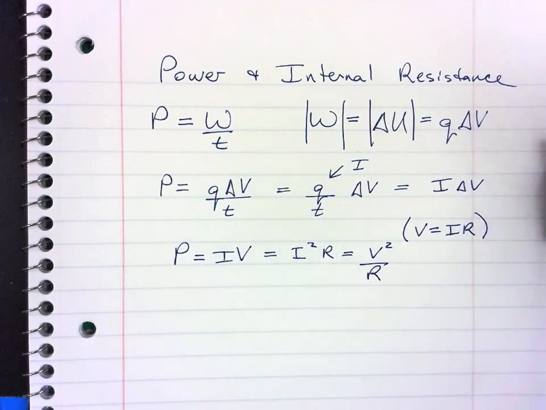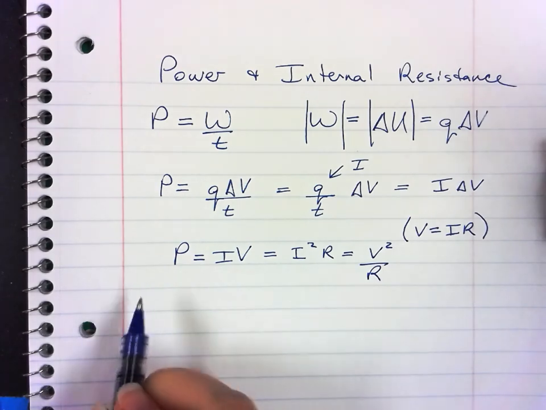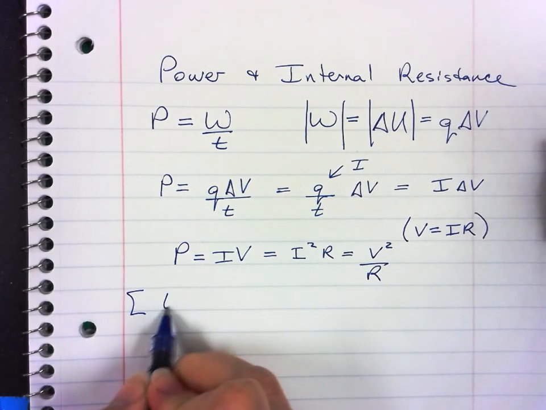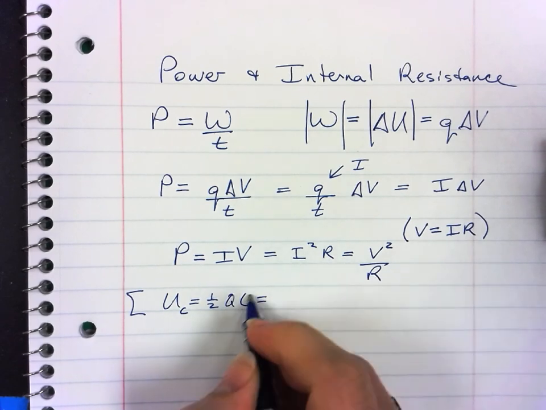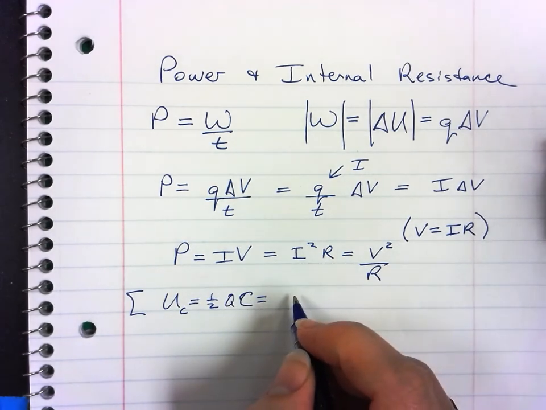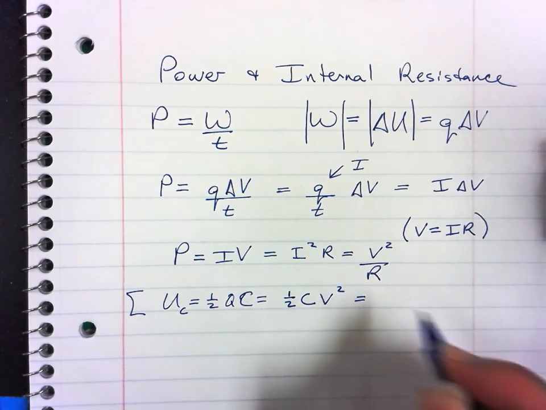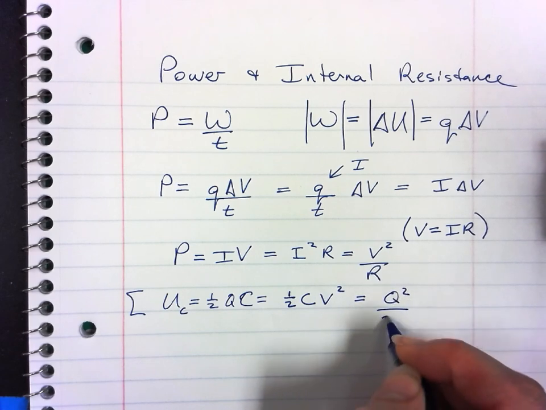So please notice again, if we go back to capacitors, the energy stored in a capacitor is 1/2 QV equals 1/2 CV squared equals Q squared over 2C.